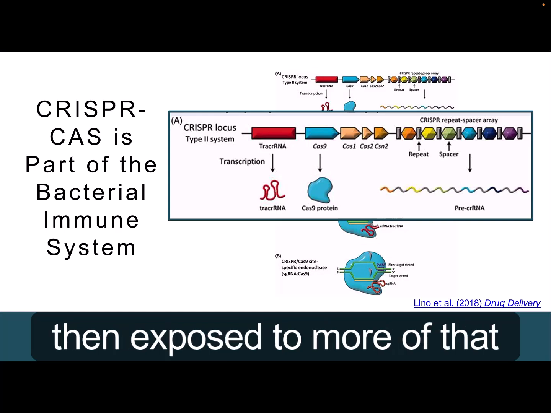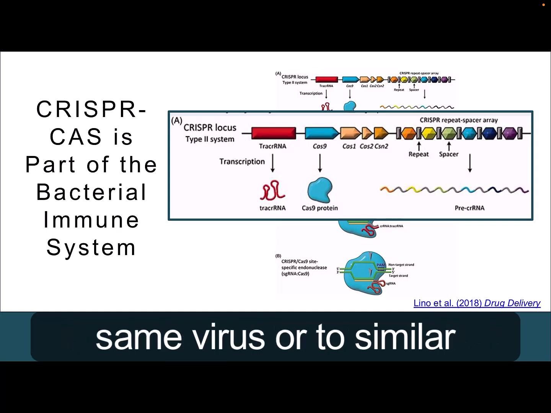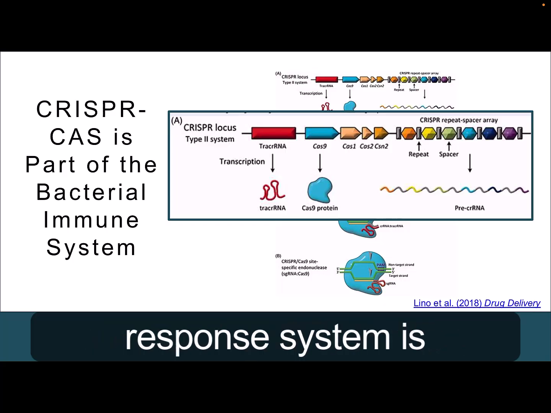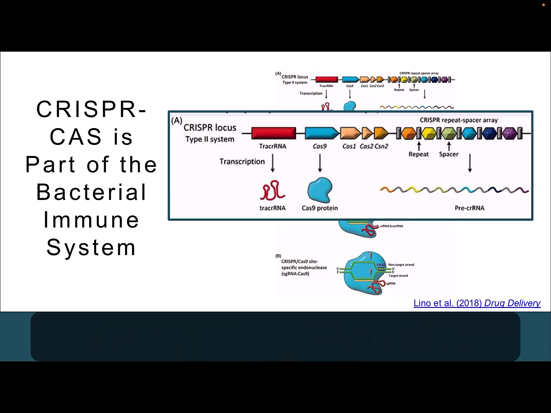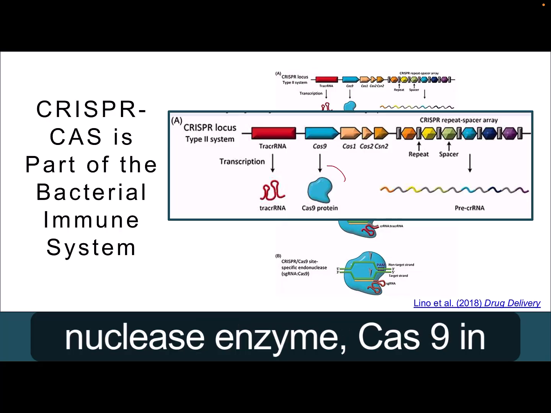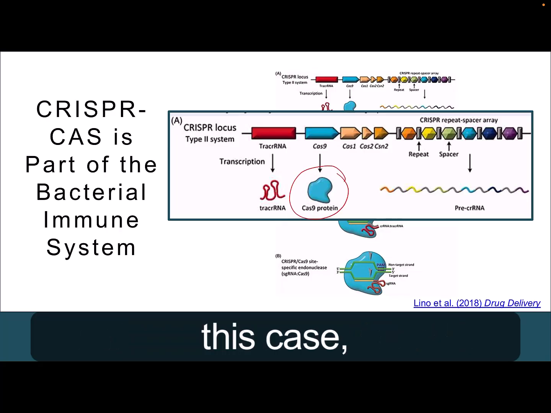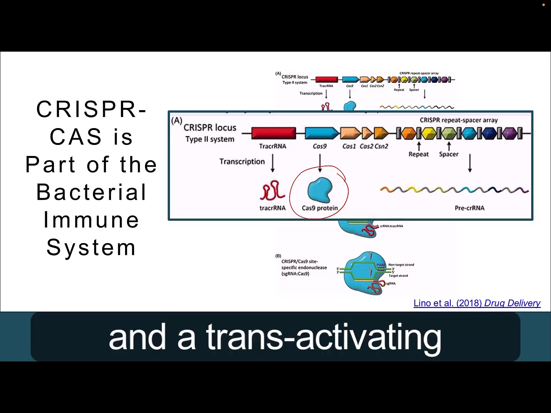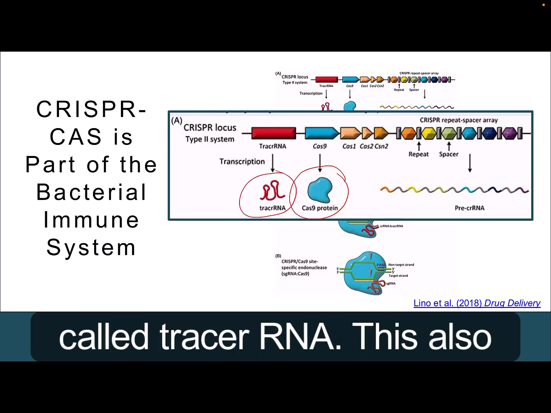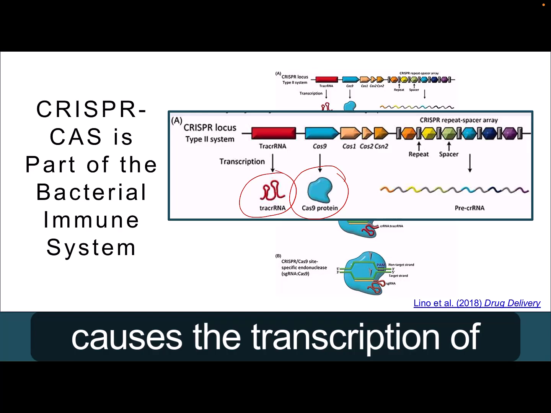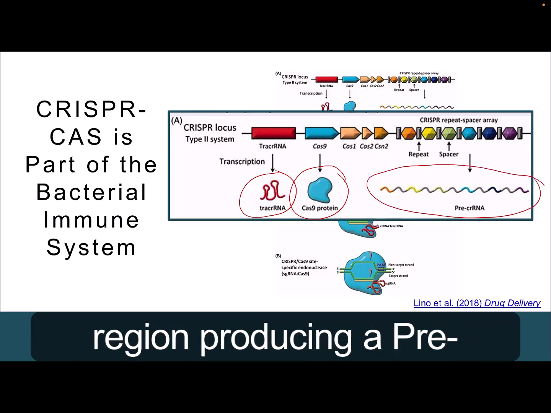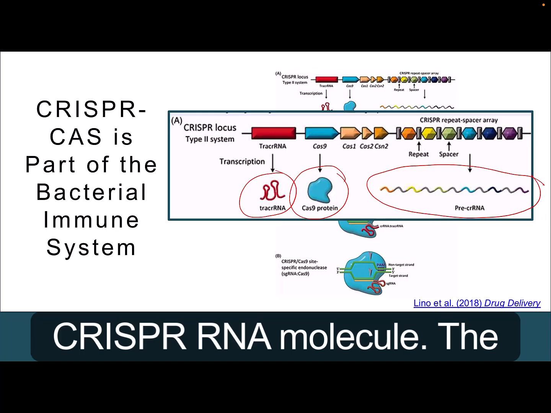If the bacteria is then exposed to more of that same virus or to similar viruses, the CRISPR-Cas response system is activated. This will cause the production of a Cas nuclease enzyme, Cas9 in this case, and a trans-activating CRISPR RNA sequence called tracrRNA. This also causes the transcription of the CRISPR repeat spacer region, producing a pre-CRISPR RNA molecule.